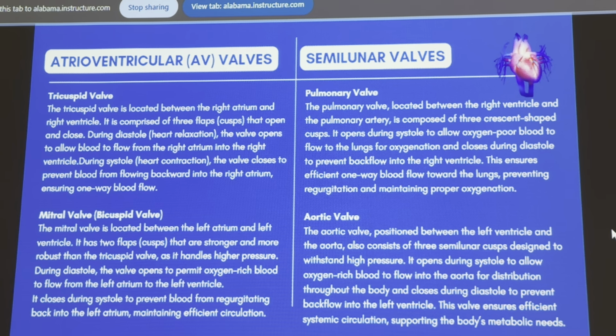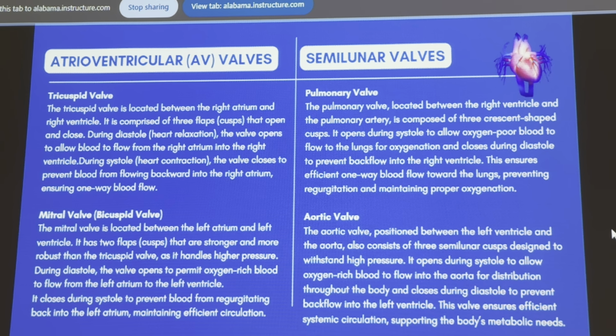So during systole, as that ventricle beats, I need it to open up so that blood can flow from that left ventricle, pump out, and perfuse the entire body. During diastole, I need it to close, because I don't need that backflow of blood to occur back into that left ventricle. Does that make sense?